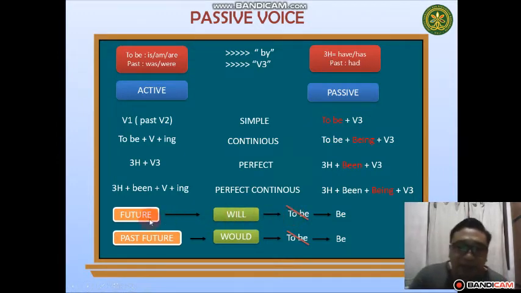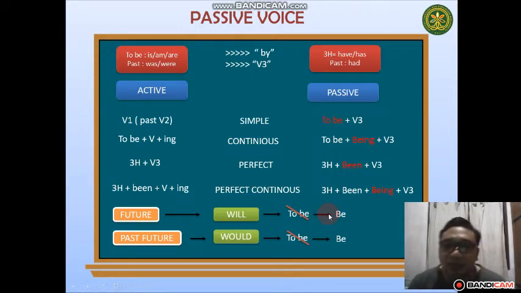For example, the future always uses will. Past future uses would. But when it is passive, here you have to input the to be. But for the future and past future, we do not use to be, just be.